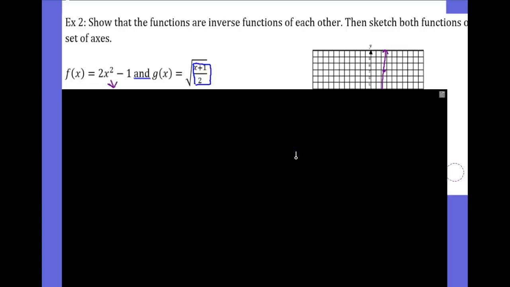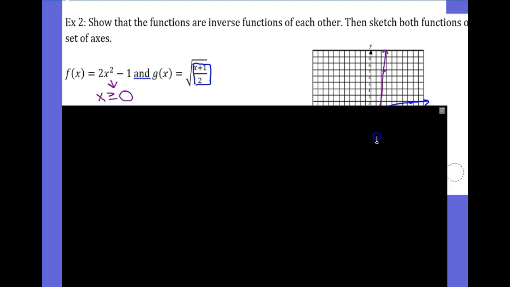Okay, so here we have f of x equals 2x squared minus 1, and g of x equals the square root of (x plus 1) all over 2. It's important to note that for this one, in order for these to be inverses, you have to say that x is greater than or equal to 0.